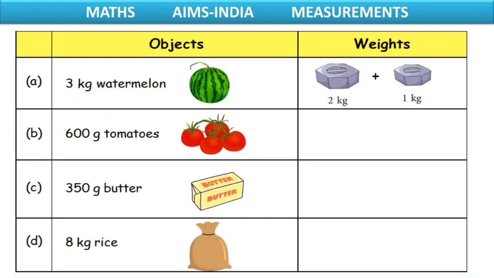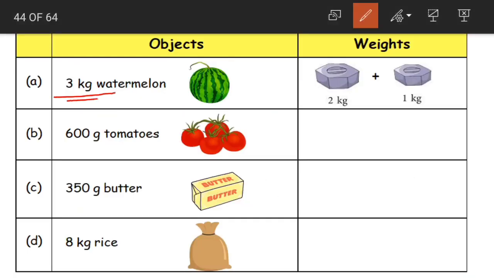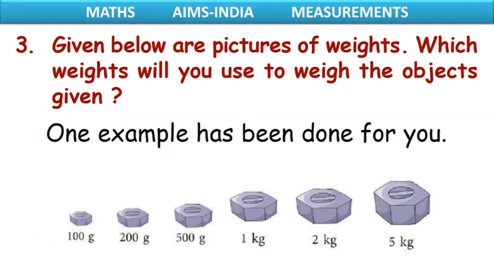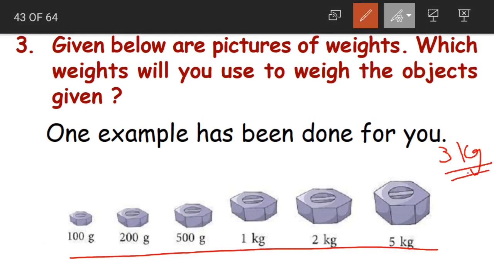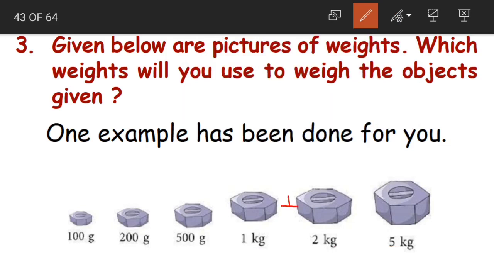So if you look at the first question here, we are having a 3 kg watermelon. Now to weigh this, what should we put? Here, do we have any weight that says 3 kgs? No, we do not. So how can we get 3 kgs, children? 2 kgs plus 1 kg. 1 plus 2 is equal to 3 kgs.